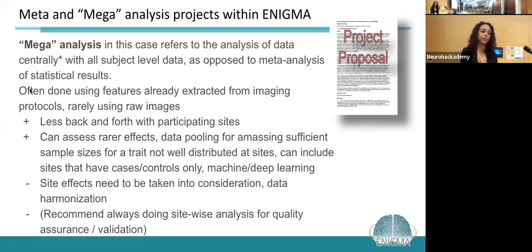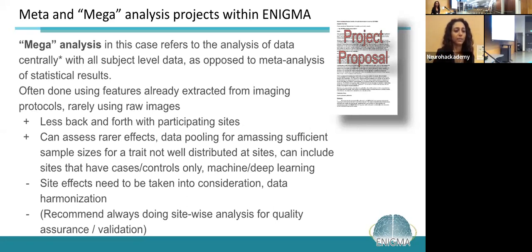So there are some tools being developed where you don't actually have to share the data, but you can still run analyses across all subjects. So often the mega-analysis approaches use features that the sites have extracted already. So they might run FreeSurfer and then send the individual level FreeSurfer outputs, as opposed to running FreeSurfer, running stats, and then sending the stats.